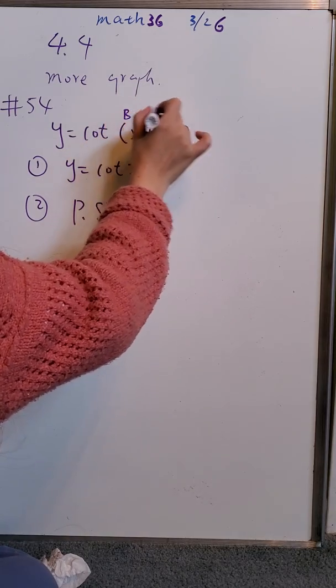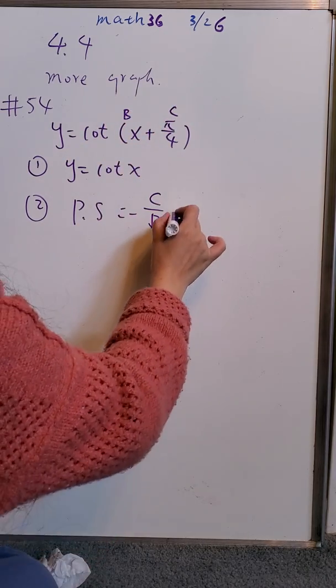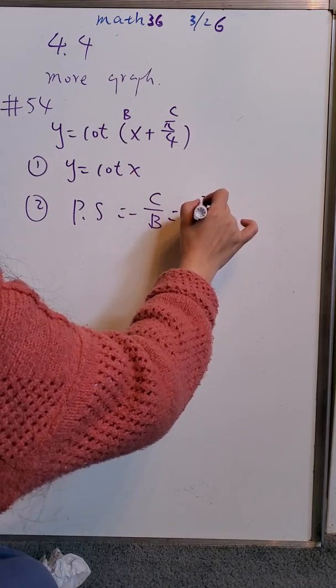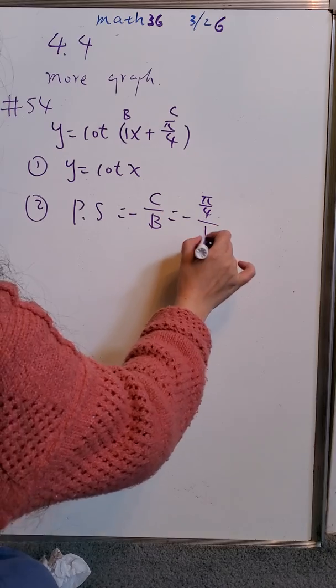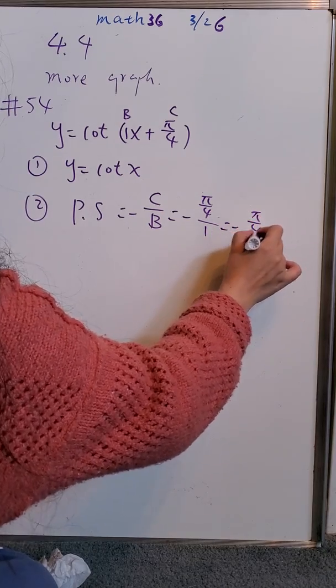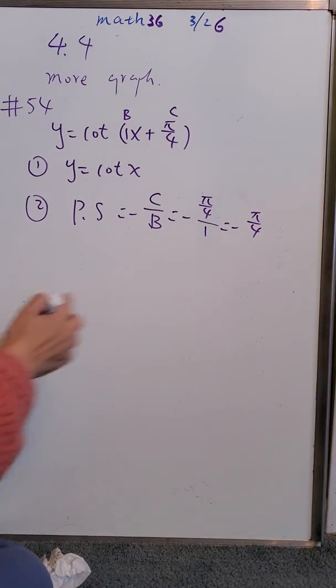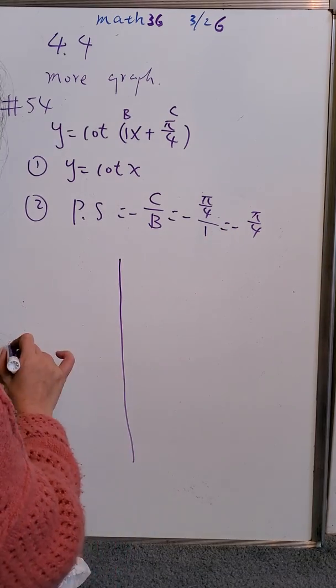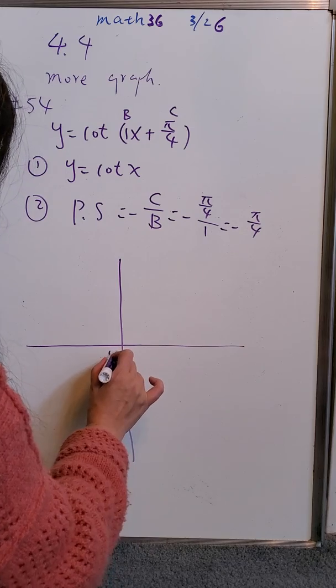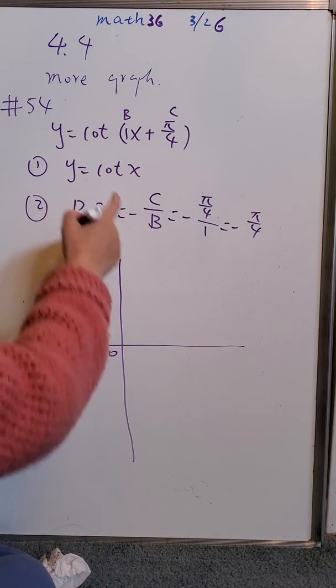Again, this is your b here, and that's your c. So it's equal to negative pi over 4, and your b is equal to 1, it's just not written out. It means the whole graph will shift to the negative side by pi over 4 units. So we're going to graph this one first.